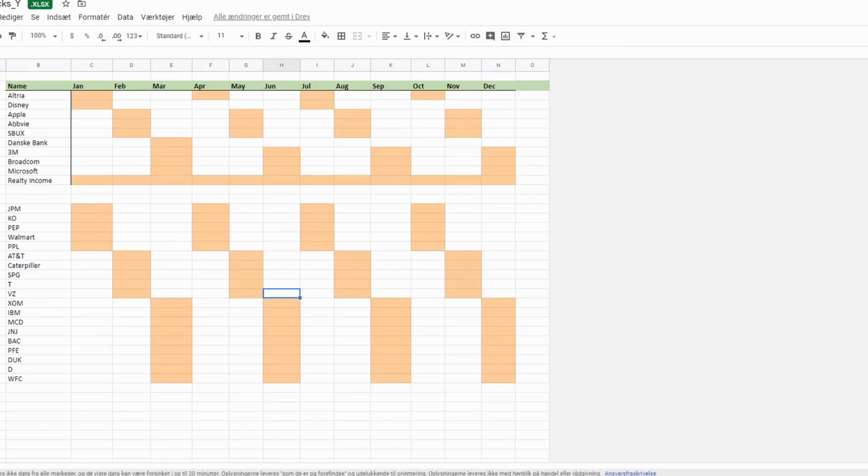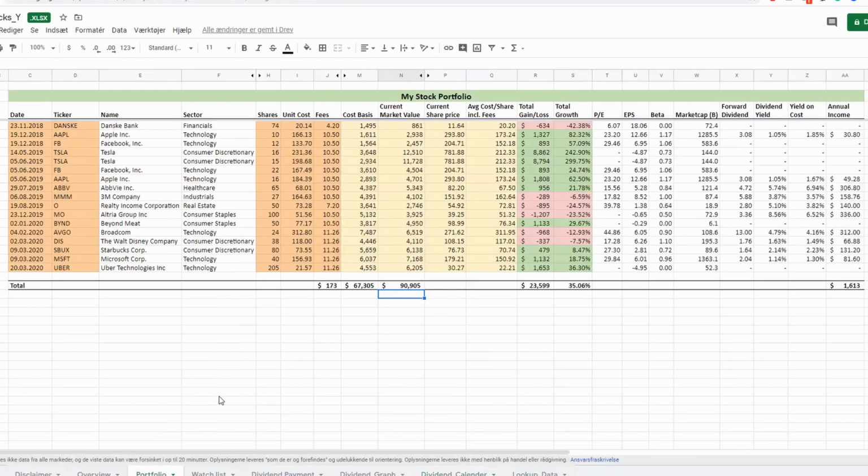If we go to my portfolio sheet here, we can see some more detailed information about my purchases and so on. As I mentioned earlier in the video, I am currently up 35% of my initial investment of $67K US dollars. So my portfolio value is $91K US dollars, and I'm super close to the 100K marker.